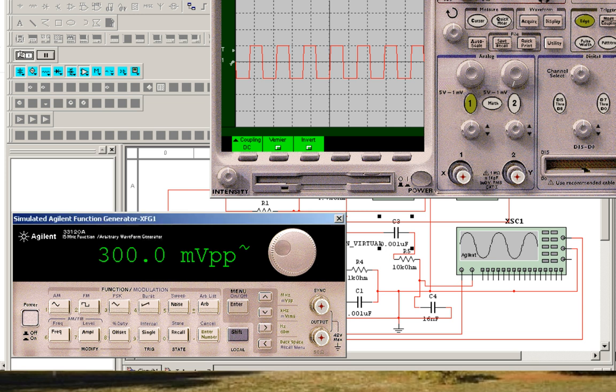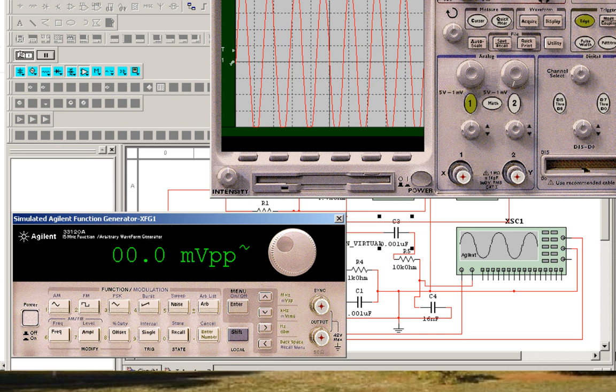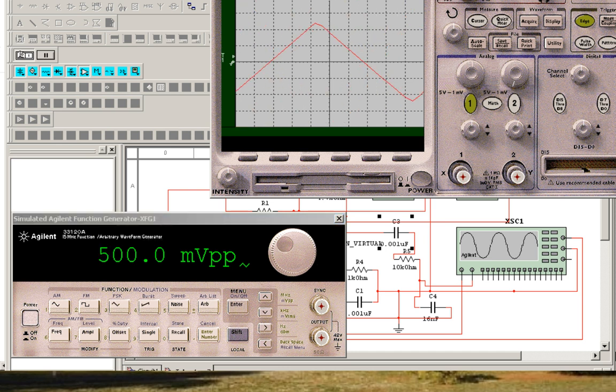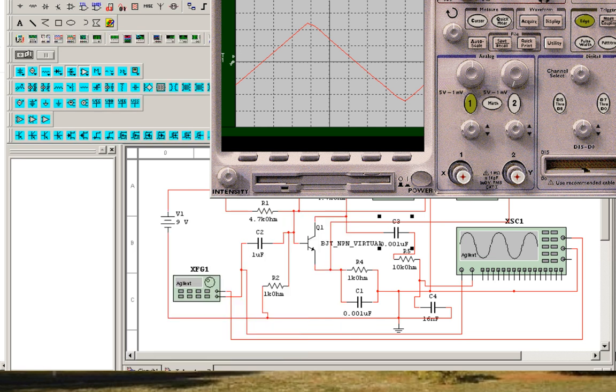The noise generator's not working. I don't know why the noise isn't working now. Alright, screw this. I can't work with this anymore.